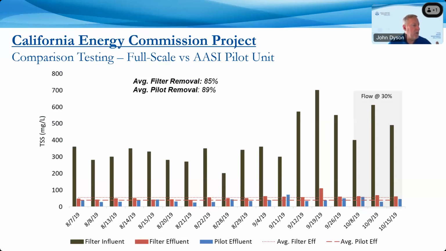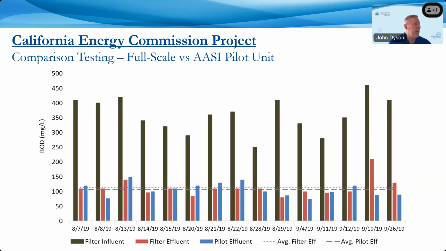So you see influent conditions, you see filter effluent for the full scale filter and the pilot, the averages. You can say it's well within the errors of measurement, 85, 89 between the two systems in terms of TSS removal. In terms of BOD removal, very similar results.